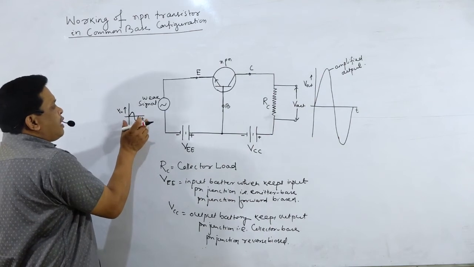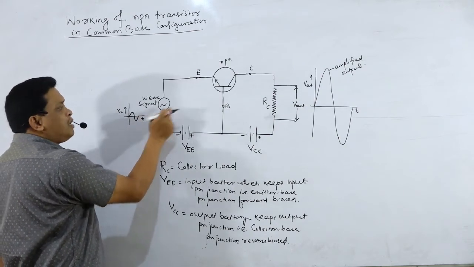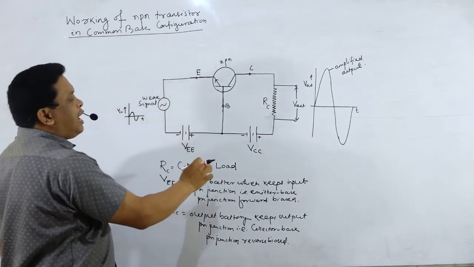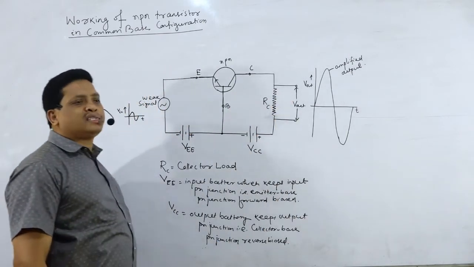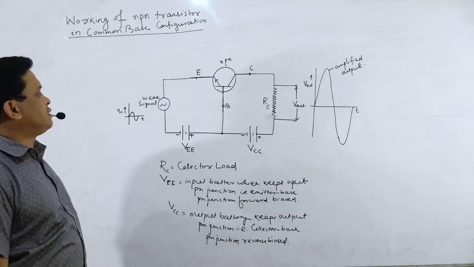Now we have applied an alternating voltage called weak signal to the input. It is an alternating voltage, and to get the output we have connected the load resistance RC. Now let us see how it works.